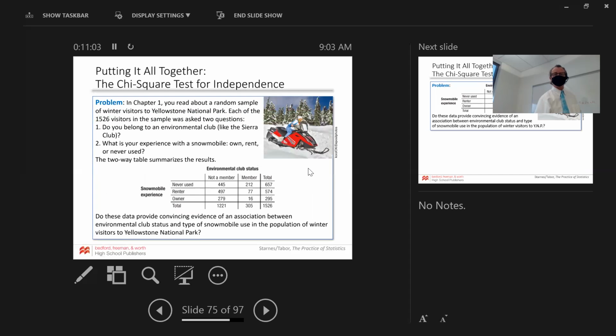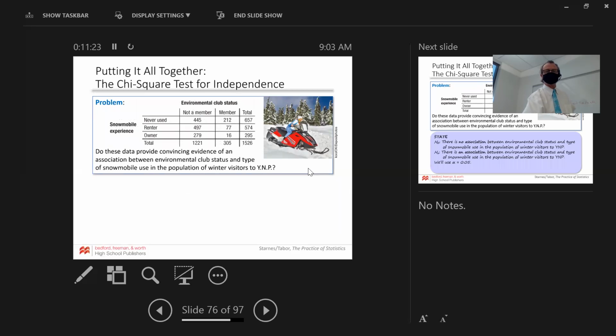We did this before. Snowmobiles, and do you belong to the Sierra Club? Meaning these snowmobiles are polluting the area, but the people who are anti-pollution, they have them anyway. So you got this matrix. What is it? 3 by 2. 3 rows and 2 columns.